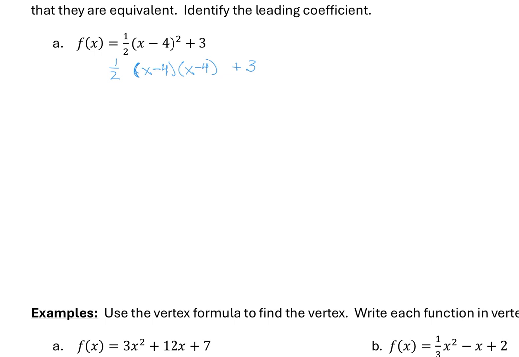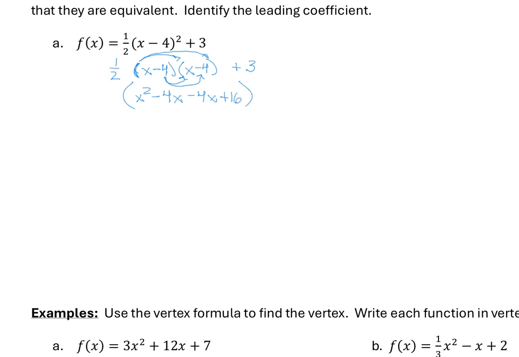If we FOIL, we multiply our firsts and get x squared. We multiply our outsides and get negative 4x. We multiply our insides and get negative 4x. And we multiply our lasts and get positive 16.